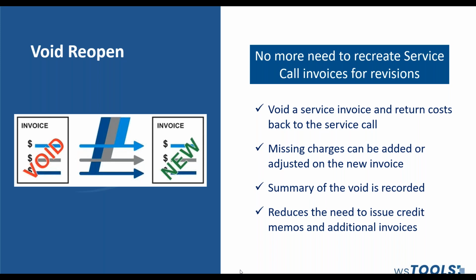It allows you to go into the posted transaction window inside of receivables where you would normally void your transactions, but you're going to get a special question if you have Void Reopen loaded.